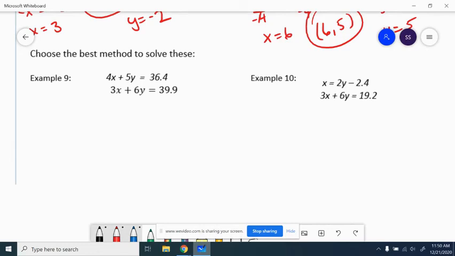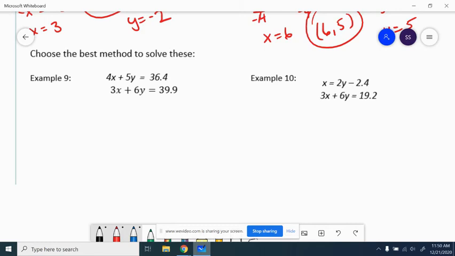Okay, so for example number 9, I would certainly choose to eliminate for this example because it doesn't look like I'm going to be able to solve for a variable very easily to use substitution. So I'm going to try to eliminate.